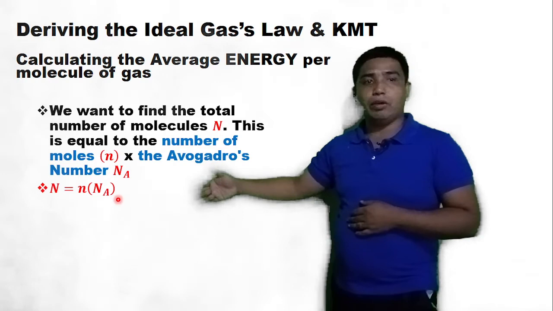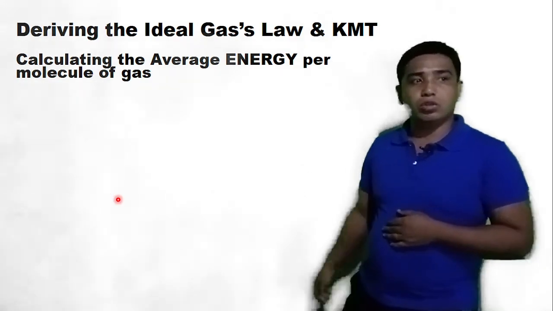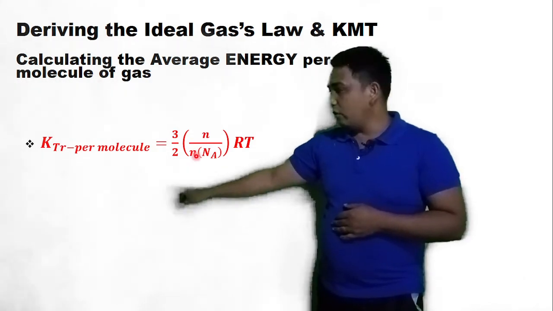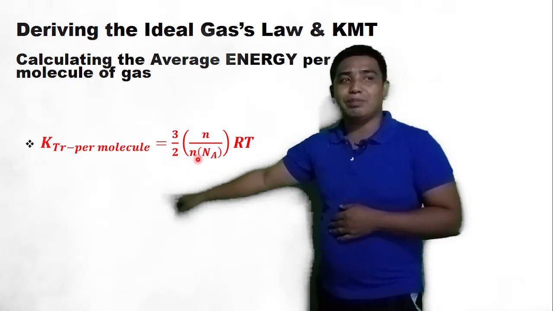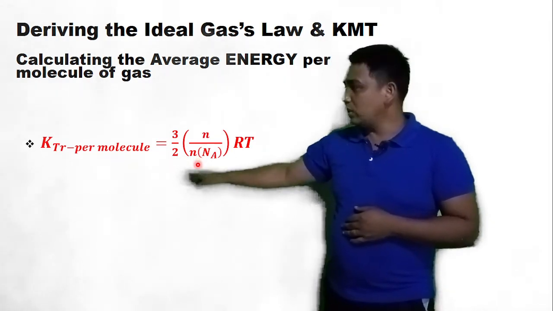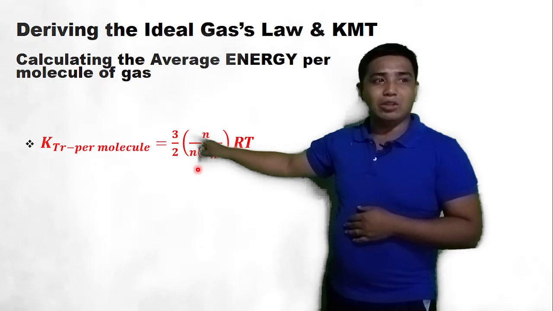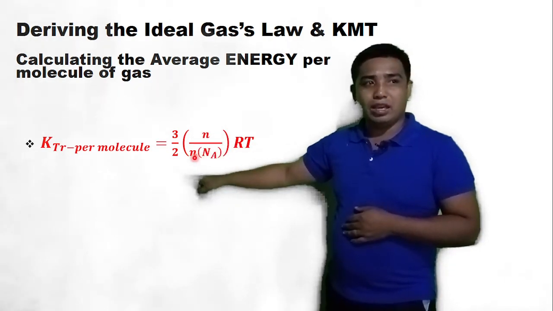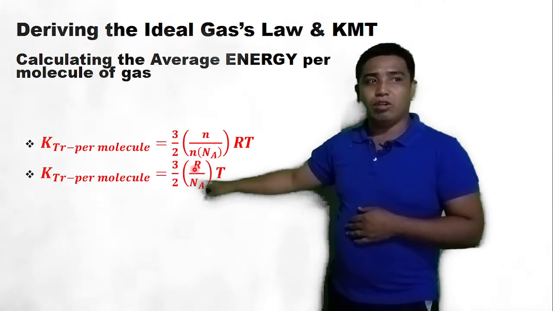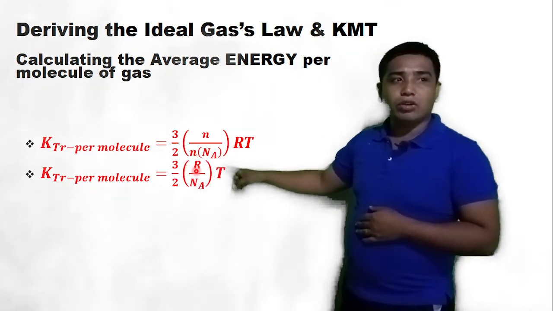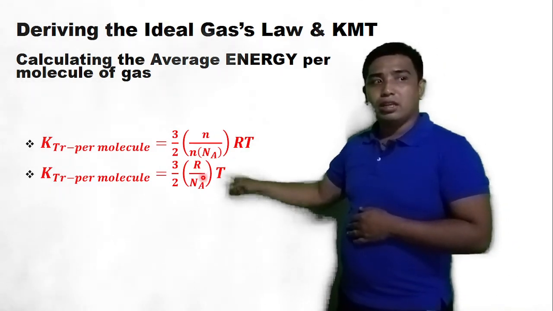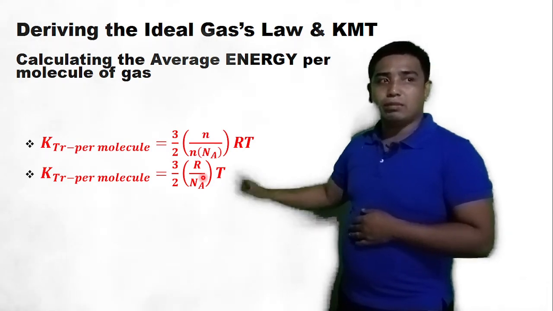So KTR per molecule is equivalent to 3/2 times n all over n times N sub A, times RT. You will see that we can cancel out n over n, and what will remain is the Avogadro's number, and the new formula is equivalent to 3/2 R, the universal gas constant, divided by the Avogadro's number, times T.